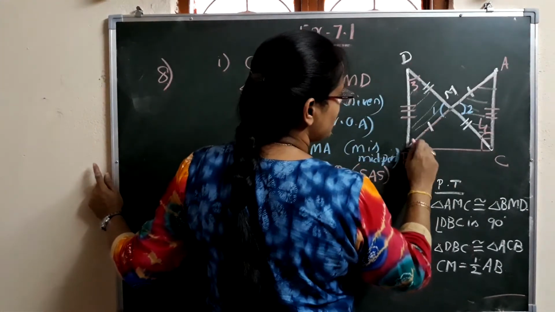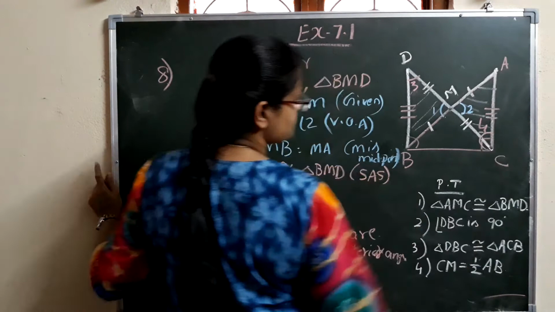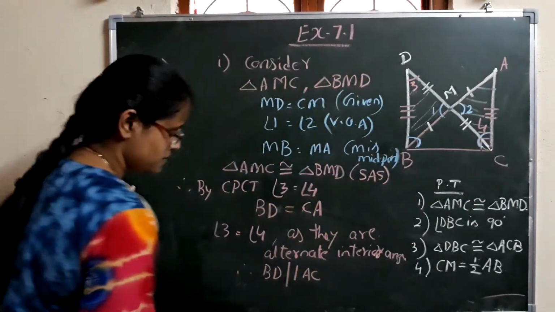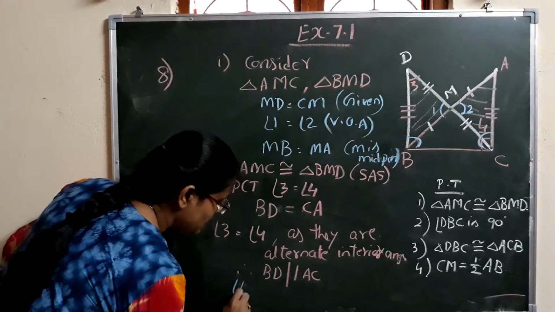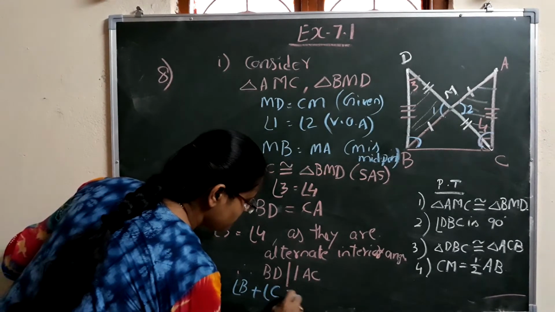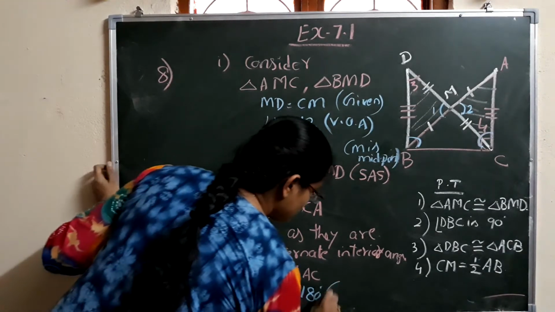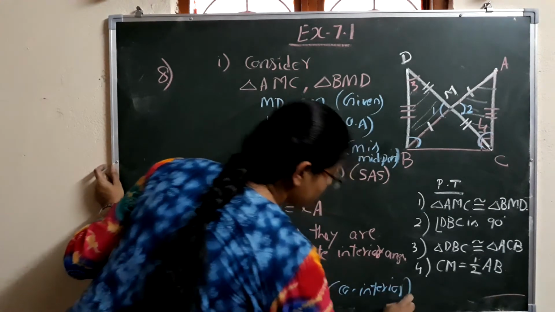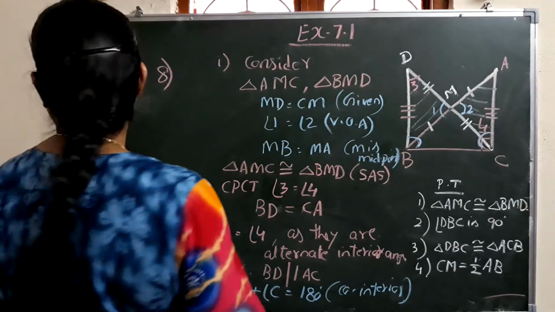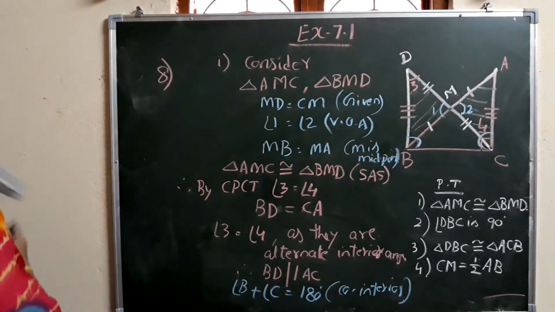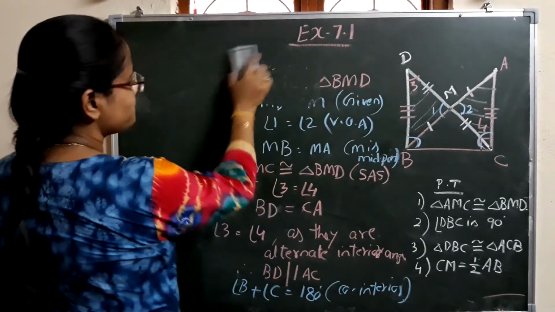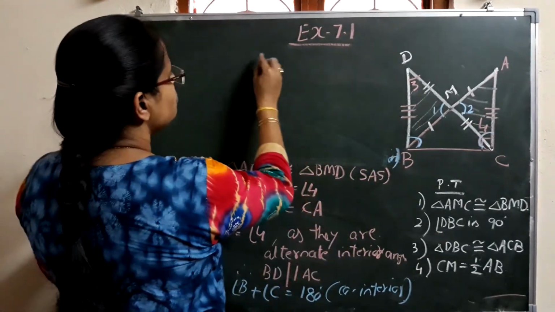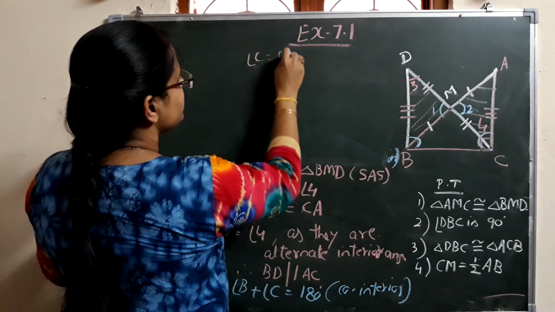Now, when they both are parallel, what can you say about these two angles? These two angles, blue color angles. So, when they both are parallel, angle B plus angle C will be equal to 180 degree. They become as co-interior angles. So, when they both are co-interior angles and you get the sum as 180 degree, angle C is equal to 90 degree we have.